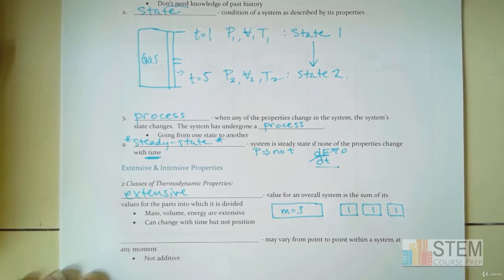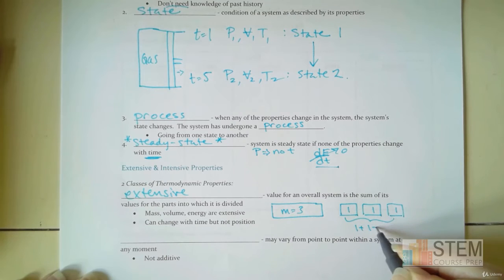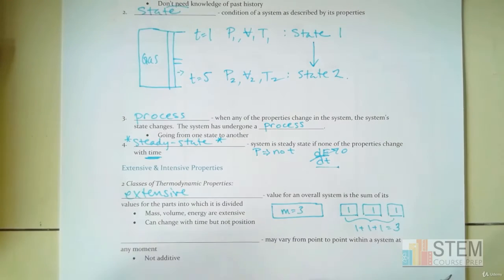Then to get the total mass of these 3, I would just sum up the masses of the individual parts and I'd get 3 again. So when we say an extensive property, basically we have a property where the value for your overall system is going to be the sum of the value of its parts. If you could cut it up into parts like this and then add up each individual part to get your overall value, you have an extensive property.